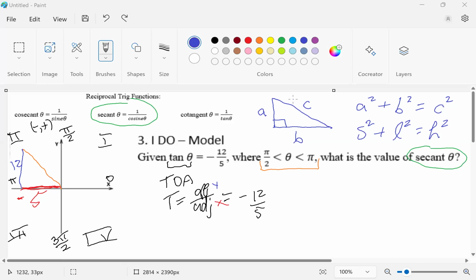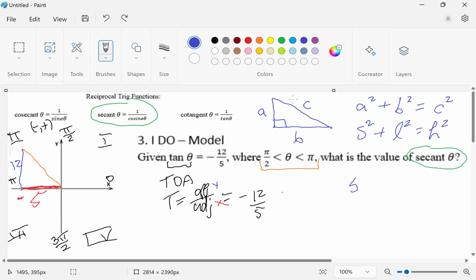All right, so now when we substitute into the Pythagorean theorem, the hypotenuse is what we're trying to find. So C is what we're trying to find. This is our unknown here.